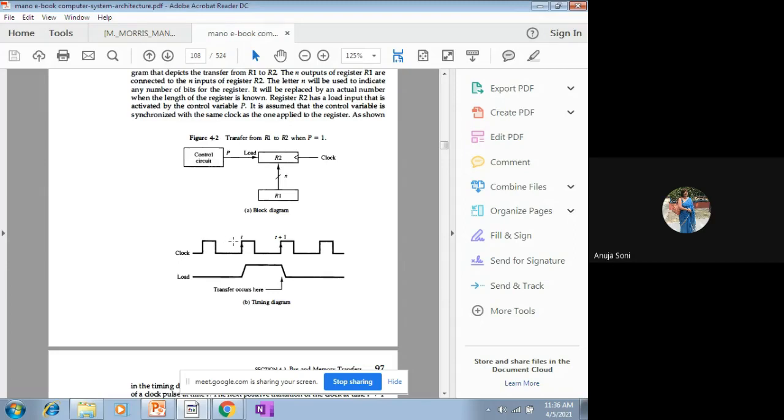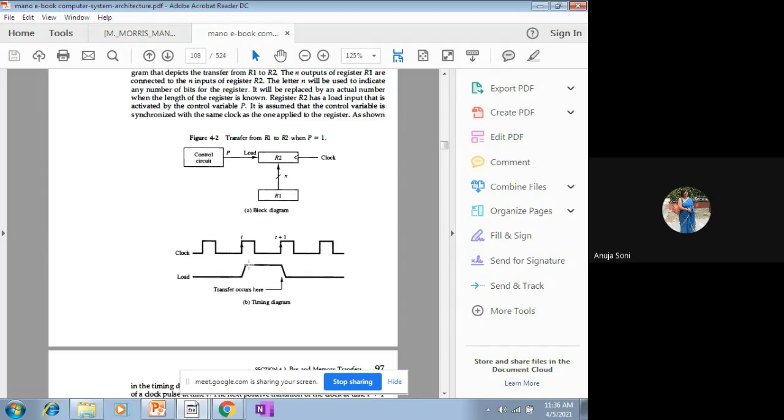With respect to some specific timing signal, or the positive transition of the clock at the t-th timing signal, P will be enabled. When P is enabled, the load signal will be enabled. So as and when the clock has the positive transition at this point, the load will be enabled.